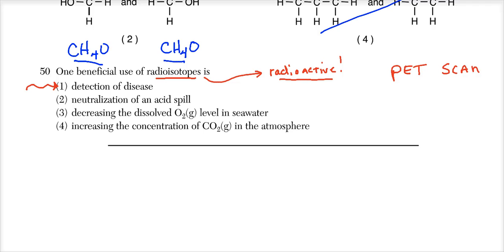So what we do is we give people something called nuclear medicine, which is radioactive atoms or molecules, and they have very, very short half-lives. It's very important that you know this.